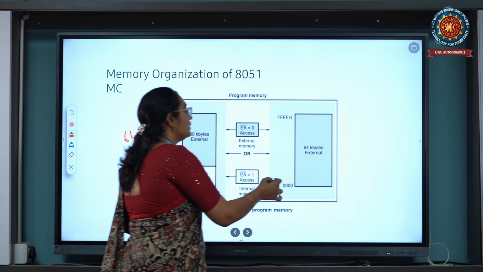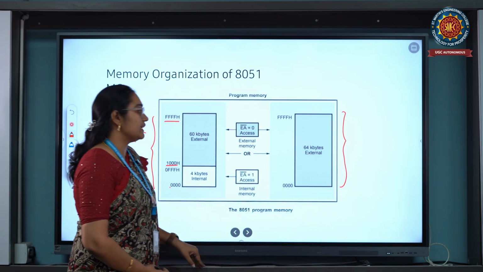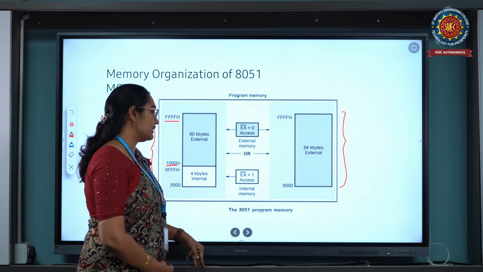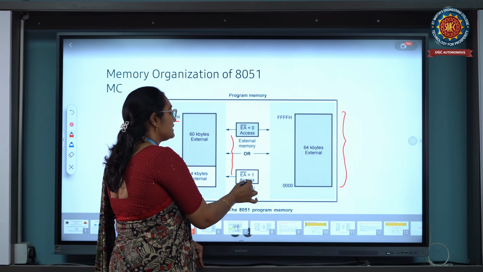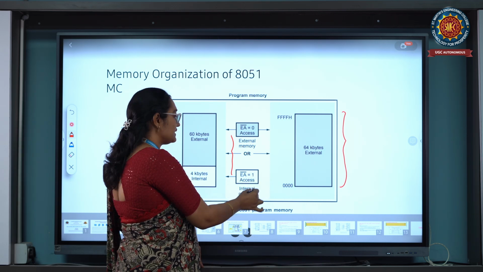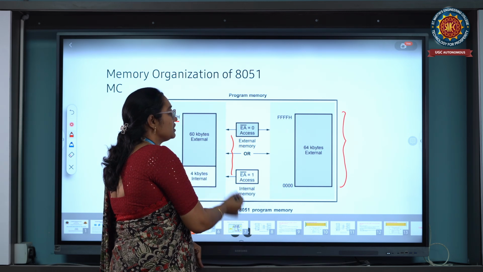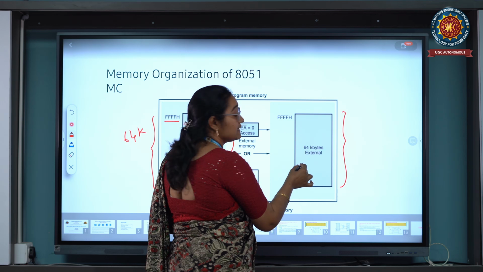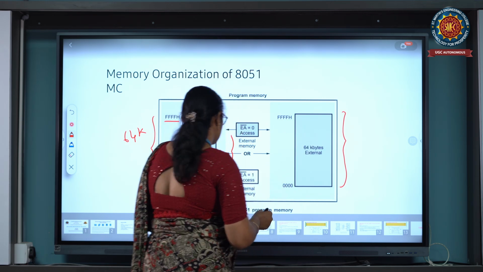Other than this, users can use a total of 64 kilobytes of external memory for interfacing. This can be achieved in 2 ways: when the address enable pin is low, it is connected to the power supply VCC of 5 volts, then only can he access this approach. When EA is 0, that is address enable equals 0, he will use this approach.